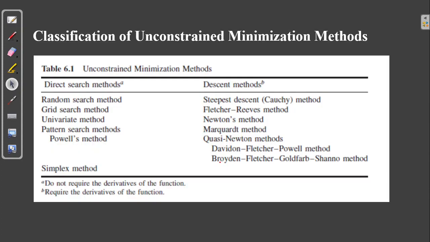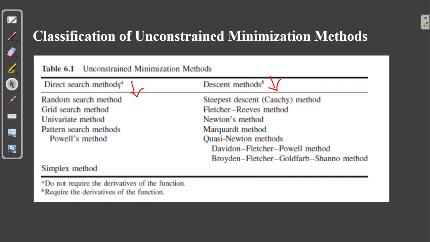That means, as shown in this table 6.1, we have several methods classified into two: the first is the direct search method, and the second classification is the descent method for solving unconstrained minimization.